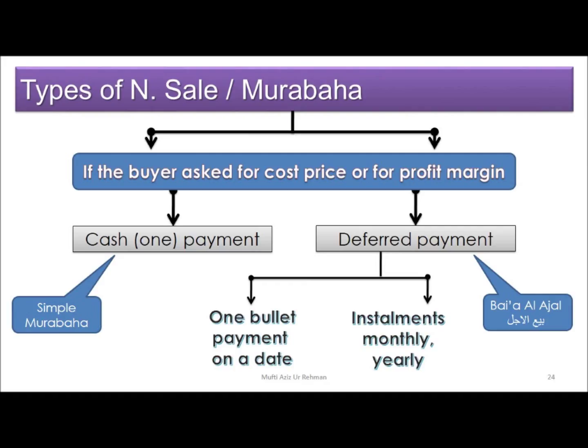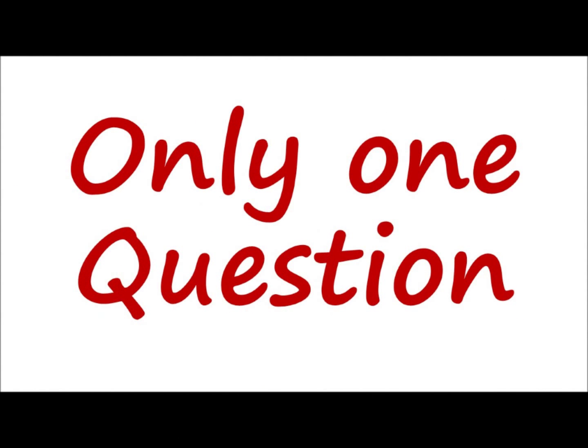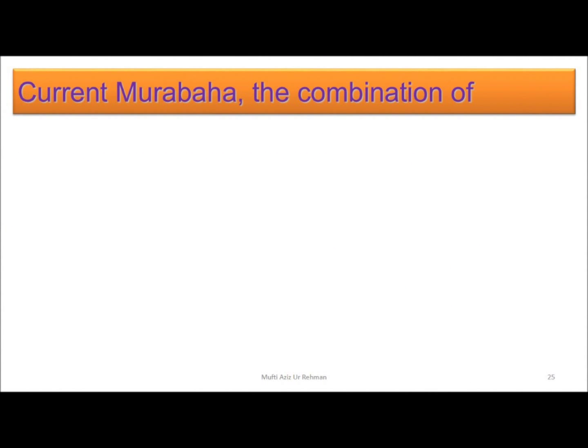So, in short, Murabaha is a sale purchase transaction, but if the buyer asks for cost price or for profit margin, price may be on spot or deferred payment or deferred price, maybe one bullet payment, maybe installments. Current Murabaha is the combination of two things that we are doing in our Islamic banking sector.